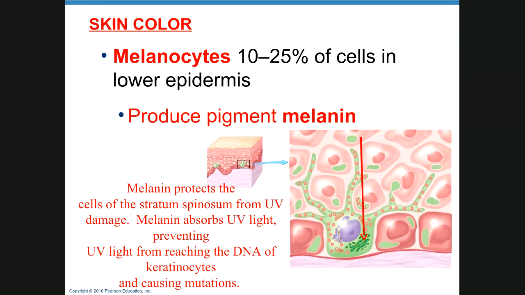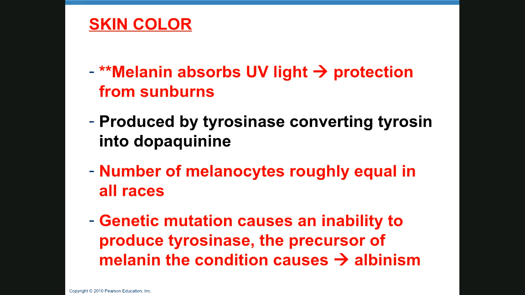So, melanocytes produce melanin, which protects the stratum spinosum from damage by UV light and prevents mutations, which could lead to skin cancer.